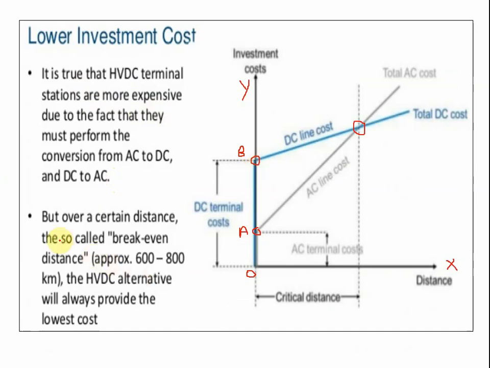Now next, over a certain distance, the so-called break-even distance, approximately 600 to 800 kilometers, the HVDC alternative will always provide the lowest cost. This means that during transmission, the cost invested in constructing the converter stations is overcome.